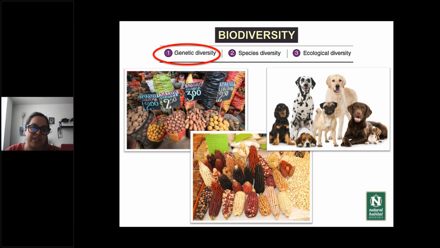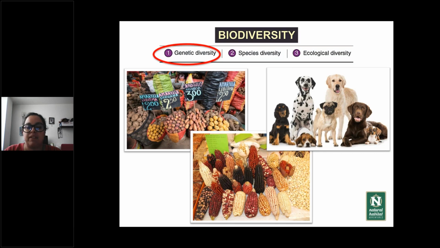In this case, I have these three examples. The potatoes, for example. Peru is the country that has the highest number of potatoes. They are tubers. They are basically the same species, but they are different varieties. So there's a wide range of subspecies, of genetic diversity. Mexico, on the other hand, for example, has a wide diversity of corns, of maize.